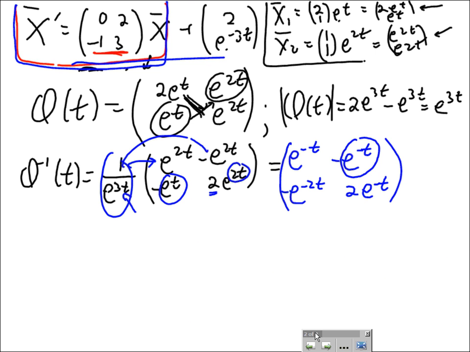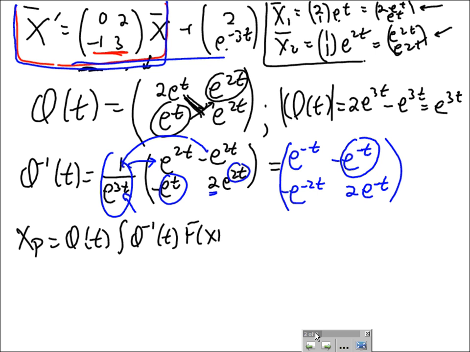Now we're going to use that formula that I started to write a moment ago. You have that x particular is equal to phi of t times the integral of the inverse of phi of t times f of t dt, where this is f of t.